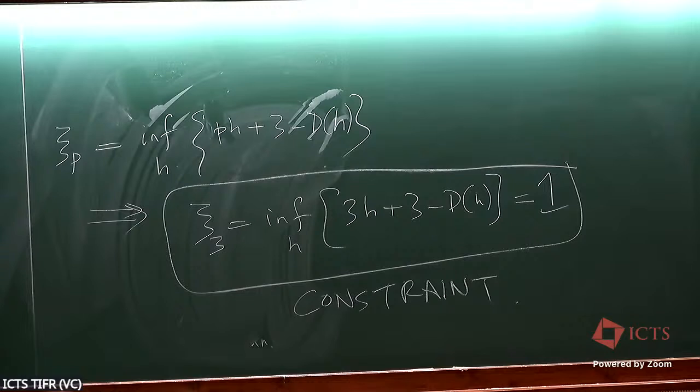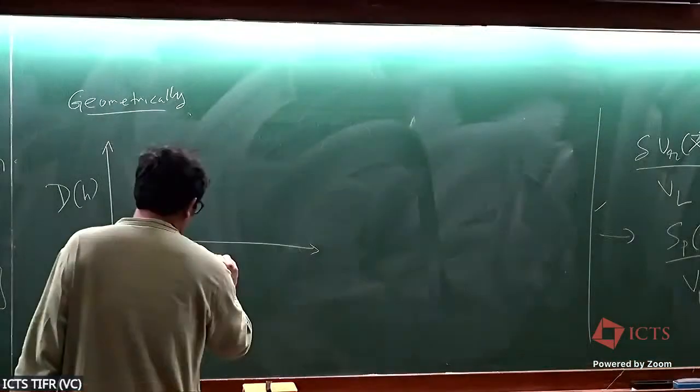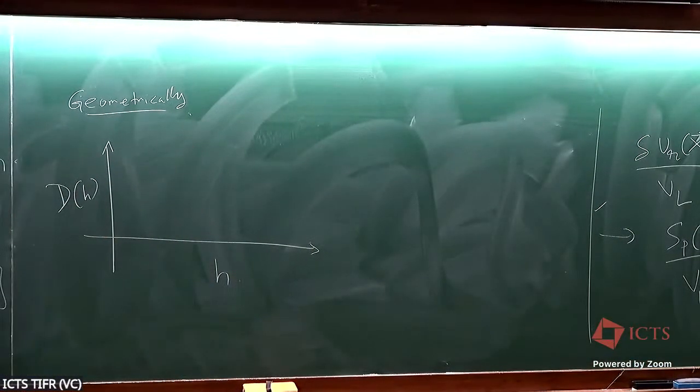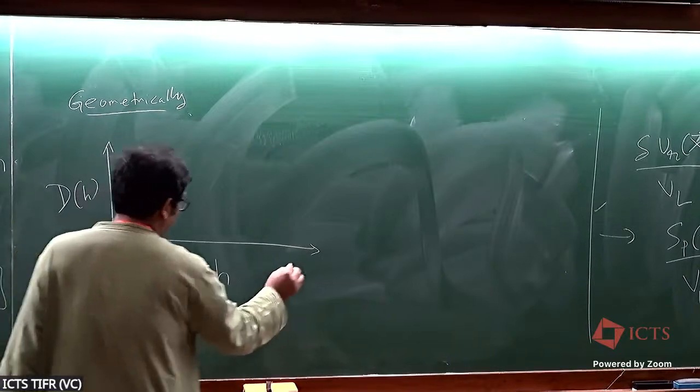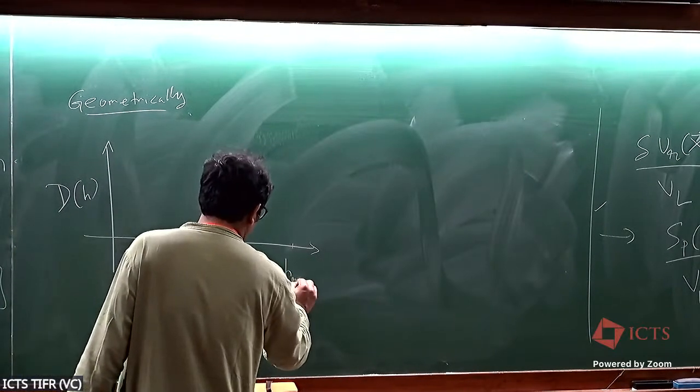What I can do is plot, by the way, don't take this plot very seriously. That's because we really don't know what d of h is. In some cases, we don't even care. But let's assume there is some h minimum and some h maximum.